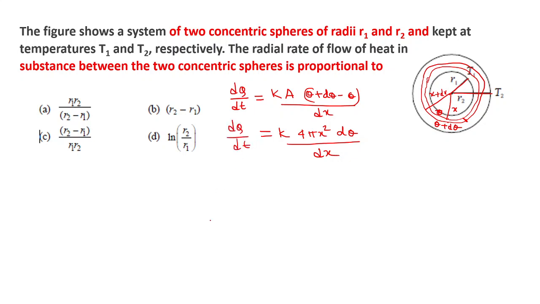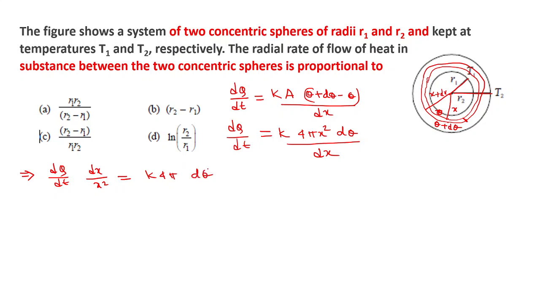Okay, now if I rearrange the entire term, we can write dQ by dt into dx by x square equals K into 4 pi with d theta.